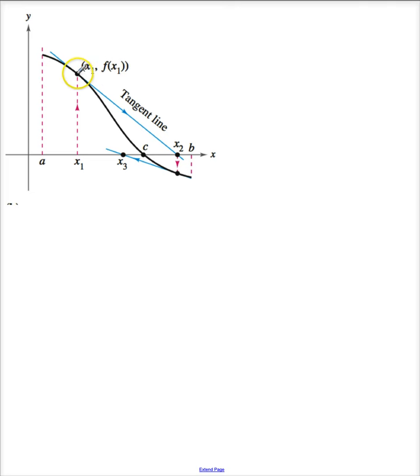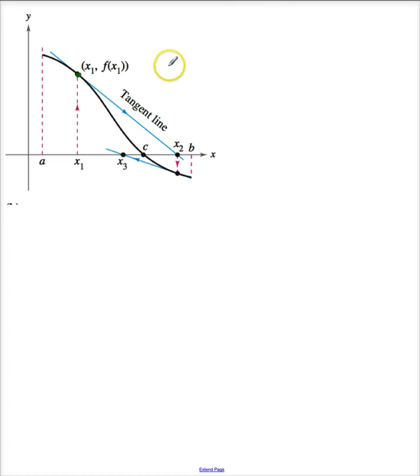So suppose we start at some point that is close to the 0, and we're going to call that x1, and I draw the tangent line at the curve at that point. That line is going to intersect the y-axis at some point. And hopefully it's closer to C than B was.